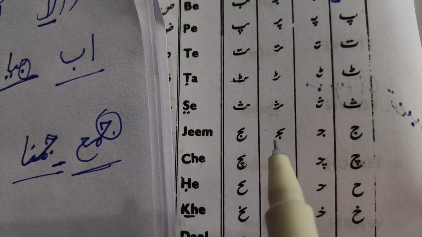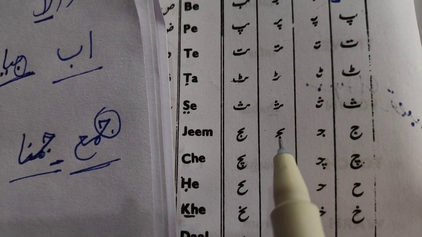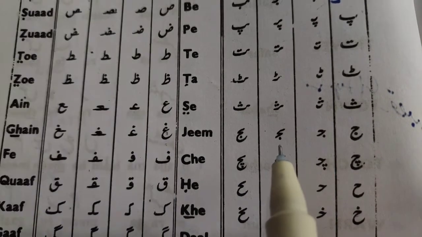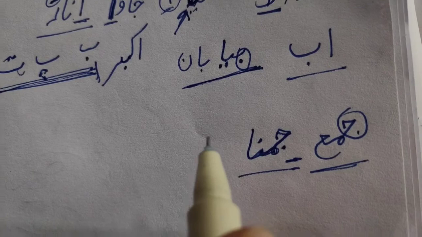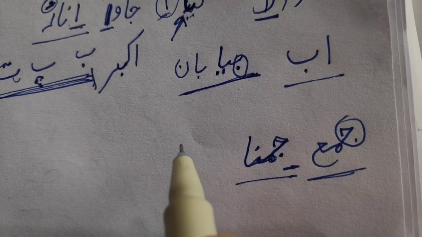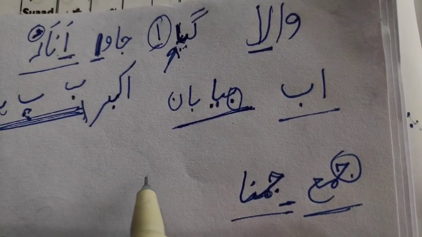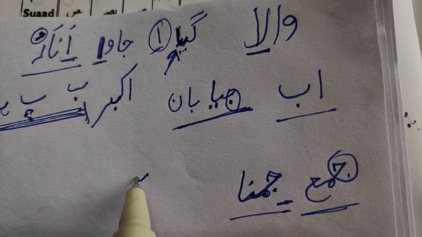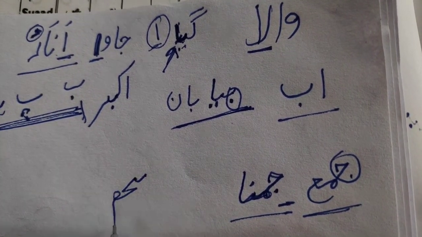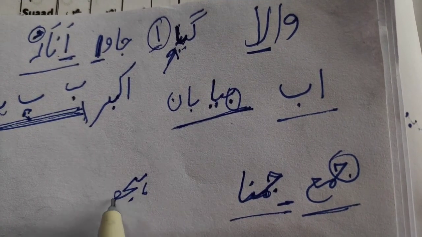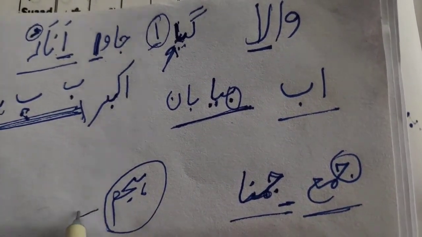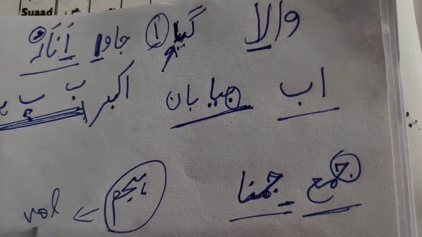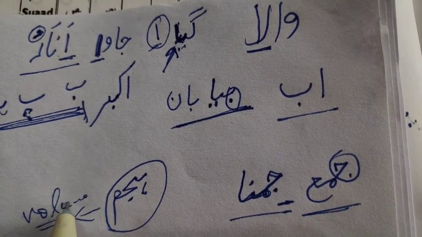And when it comes in between, or medial, now how does Jim look in medial when it is written in a word? If you'd like to write Hajam, this is the small Jim and Meme, Hajam. I think its meaning in English is volume.